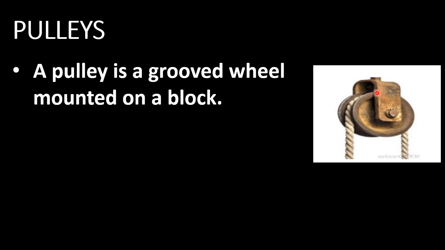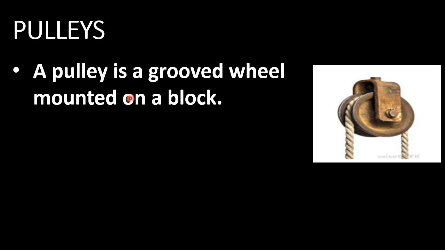So in other words, a pulley is a system made up of 2 components, if not 3. It has a block, a wheel which is grooved, and a string, or sometimes called a rope. That's a pulley or pulley system.